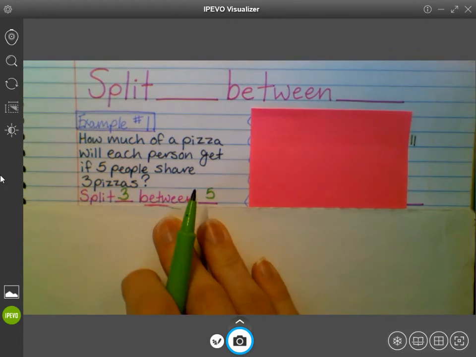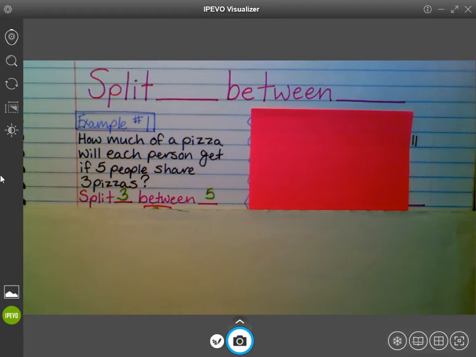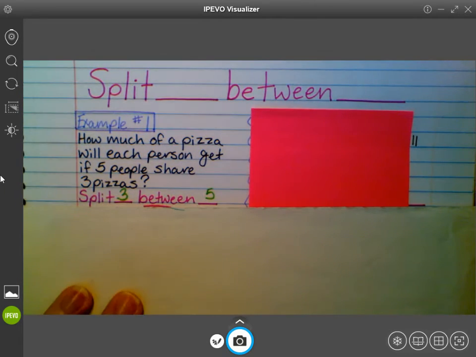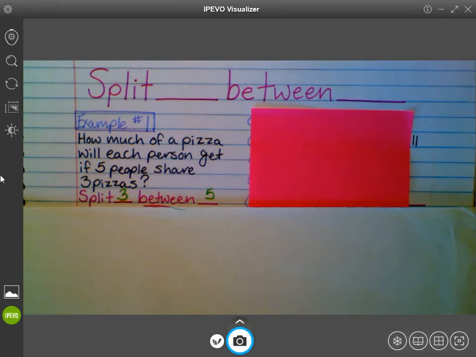So that means, actually what I want you to do is underneath this, write what that division problem would be then. And it's okay if you get it wrong. That's what notes are for. We'll look at it together. We're splitting 3 between 5 people. What does it look like as a division problem? And then you write the division problem, then you can put an equal sign and write it as a fraction as well.